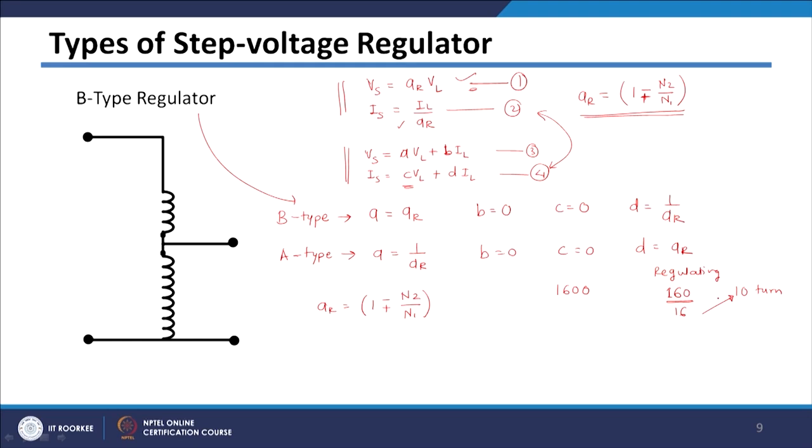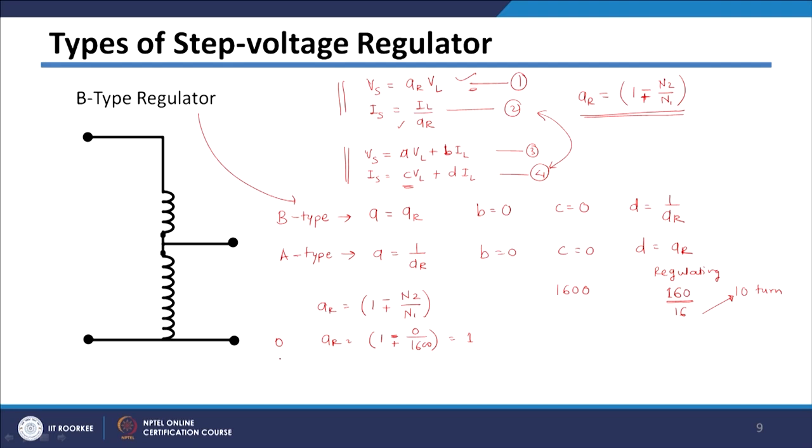So when your regulator is on the normal tap, meaning 0 tap, the number of turns of the regulating winding will be 0. So AR will be equal to 1 minus or plus, whatever it is, both are okay. In that case this ratio will be 0 divided by 1600, so it will be just 1.